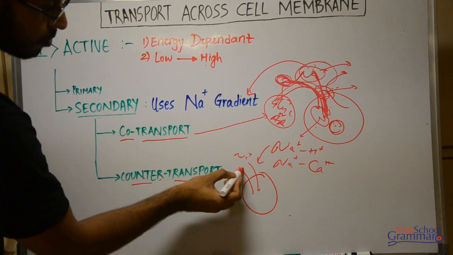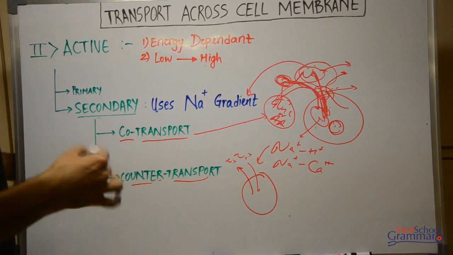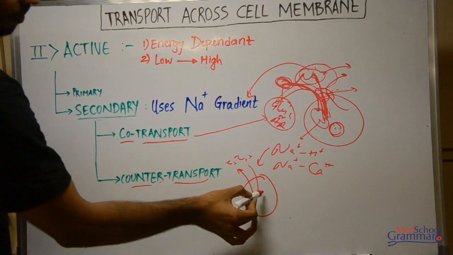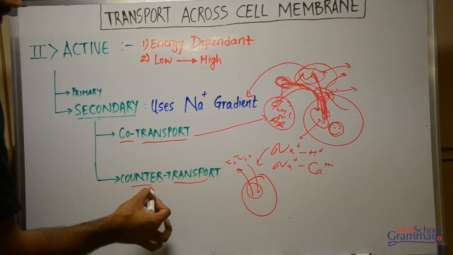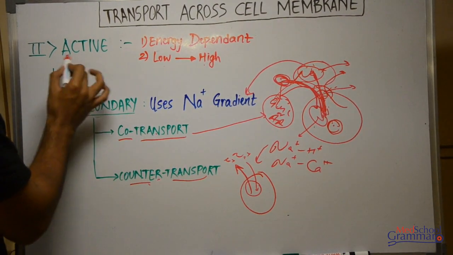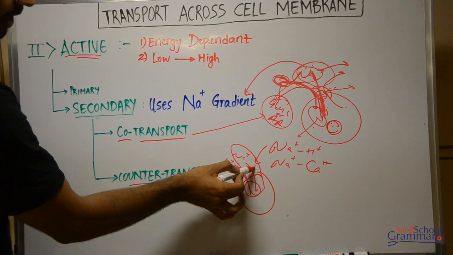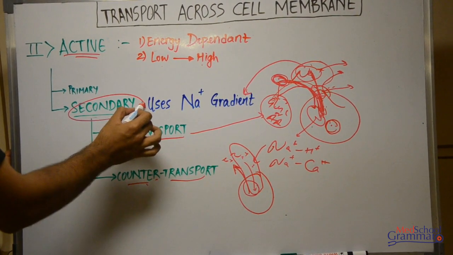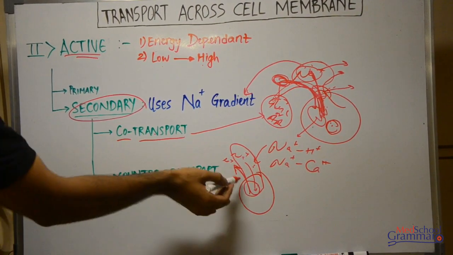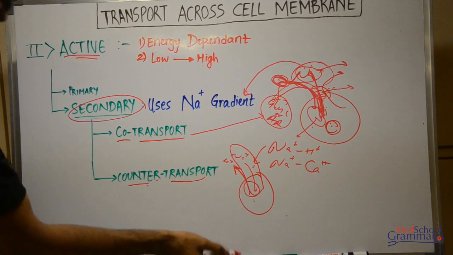So hydrogen definitely has to move out, right? And hydrogen does so against its concentration gradient. Since the movement is opposite, it is counter transport. Since hydrogen is moving against its concentration gradient, it is active. And since it utilizes the sodium gradient, it is secondary. So this justifies each word I have explained.